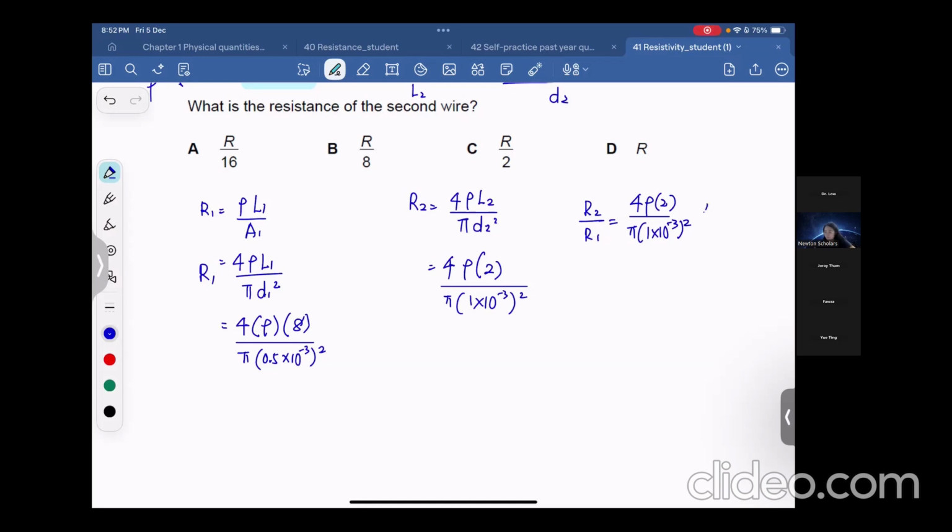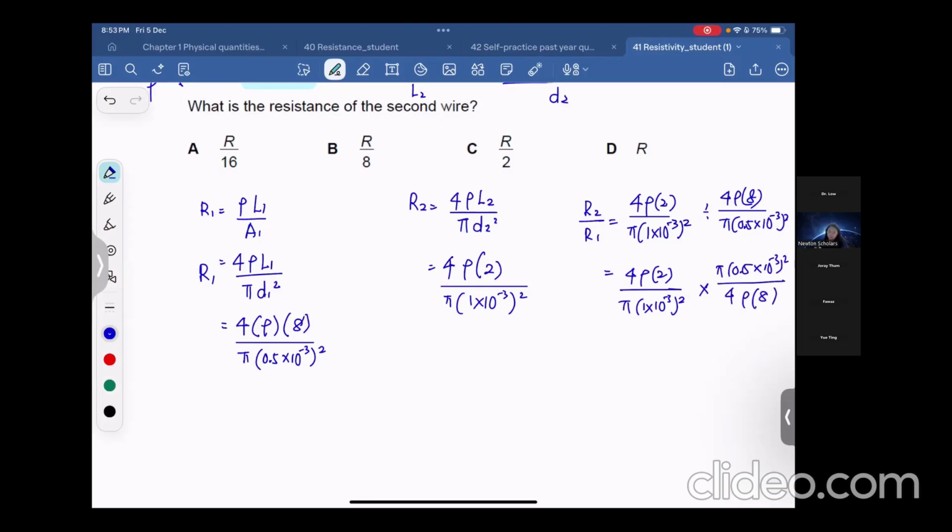Here we divide by 4 rho 8 divided by pi times 0.5 times 10 to the power of negative 3, squared. That means it will become times pi times 1 times 10 to the power of negative 3, squared upside down: pi times 0.5 times 10 to the power of negative 3, squared, divided by 4 rho 8.